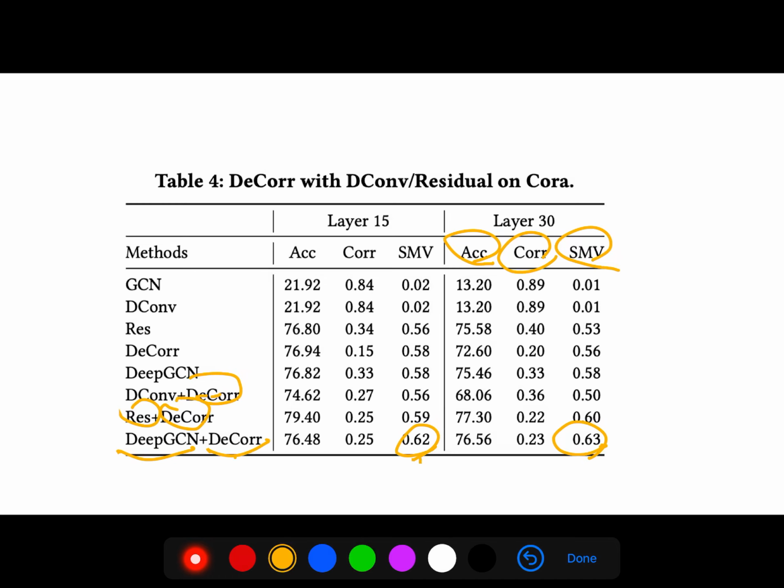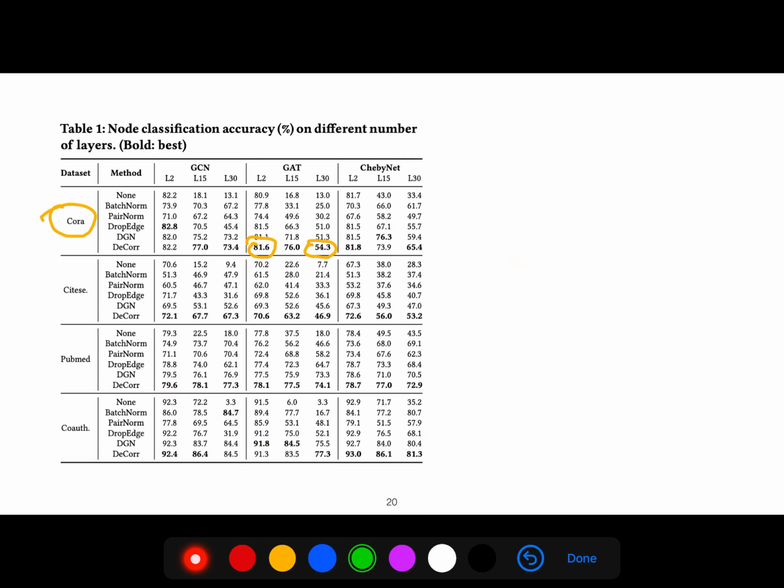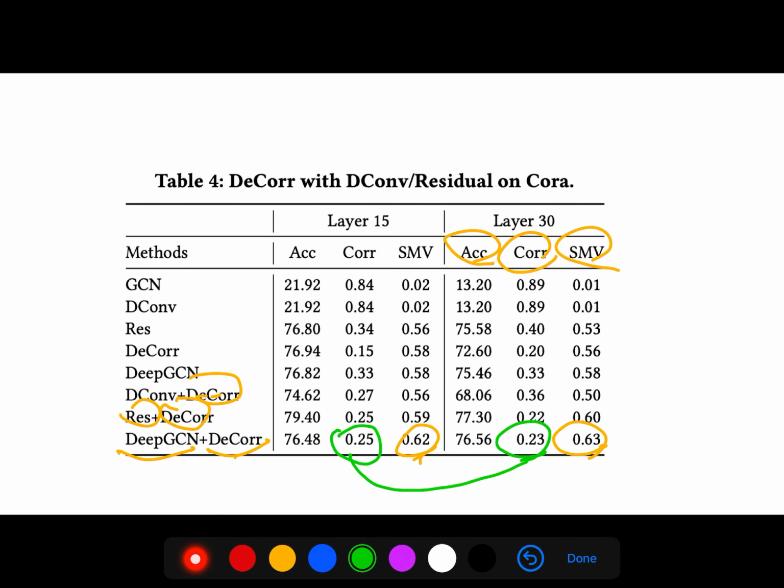So when you go to 30 layers, the correlation is slightly reduced, not as bad as the previous slide that I showed you. So this shows the effect of decorrelation. For example, the accuracy of 76 is almost the same when your number of layers is increased. Let's check another configuration.